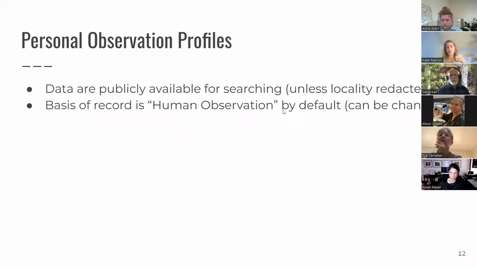But you can change it. This basis of record field is at the very bottom of the occurrence editor. It's a drop-down list. And so if you do have a physical specimen and you want to send that specimen somewhere, you can change that basis of record to preserved specimen, which is the specimen controlled vocabulary.